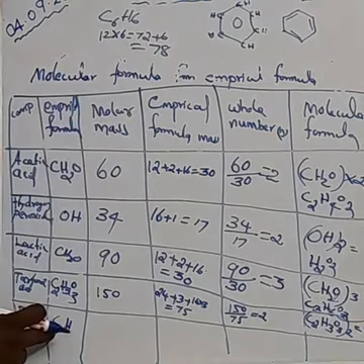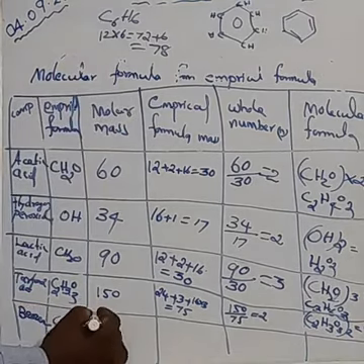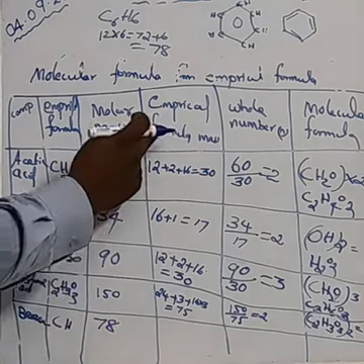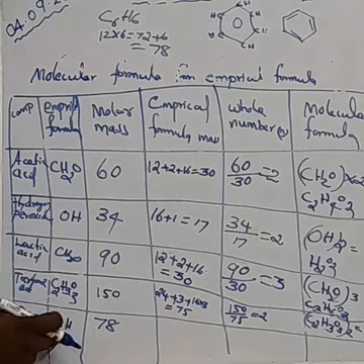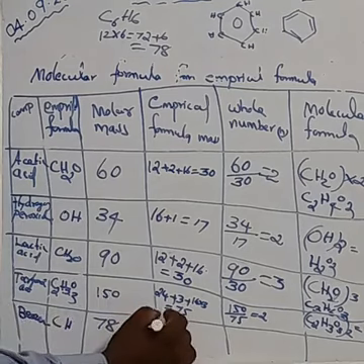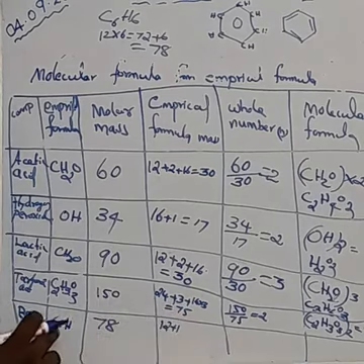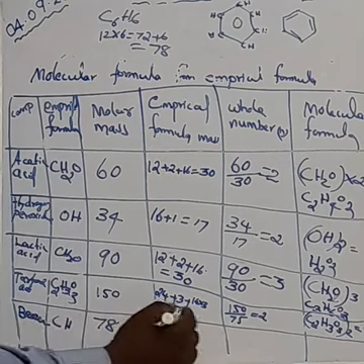Molar mass of benzene is equal to 78. The empirical formula mass for CH is 12 plus 1, carbon having 12 and hydrogen having 1, is equal to 13.